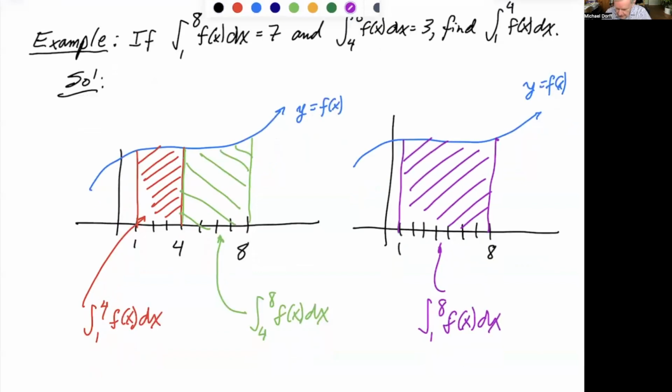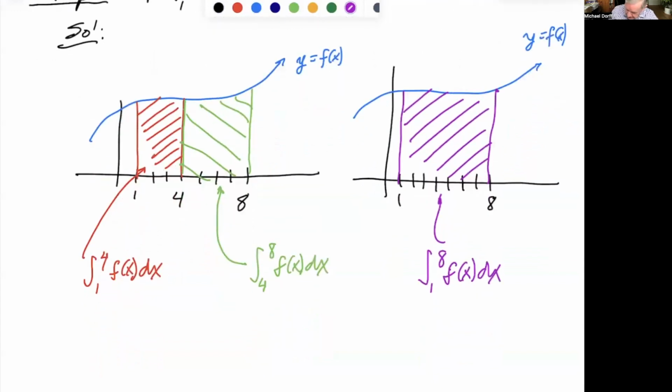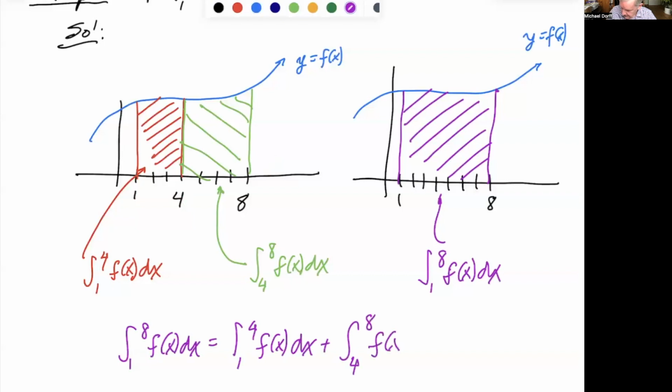You can see here that the red area plus the green area equals the purple area. So in other words, the integral from 1 to 8 of f of x dx equals the integral from 1 to 4 of f of x dx plus the integral from 4 to 8 of f of x dx.